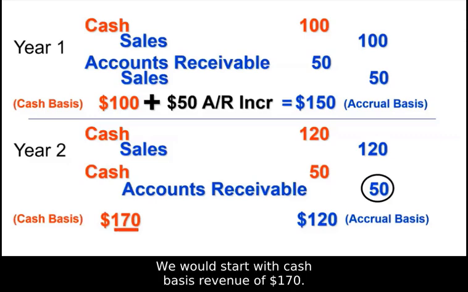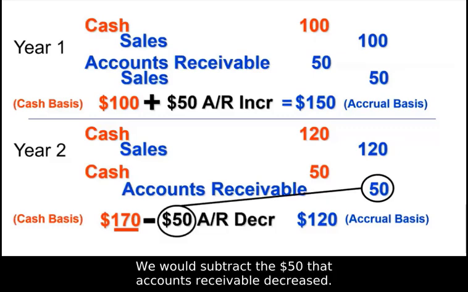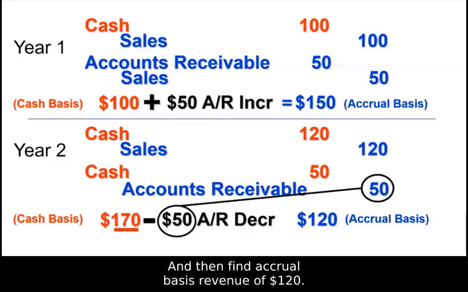We would start with cash basis revenue of $170. We would subtract the $50 that accounts receivable decreased, and then find accrual basis revenue of $120.